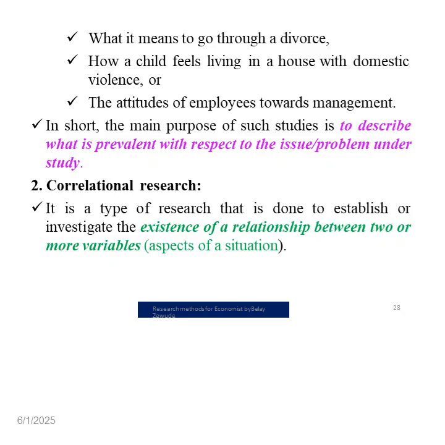The second one is correlational research. As we see from its title, it shows a relationship. It is a type of research that is done to establish or investigate the existence of a relationship between two or more variables, or aspects of the situation.